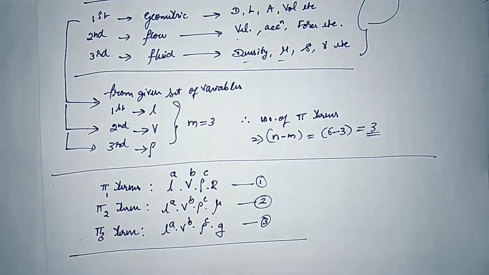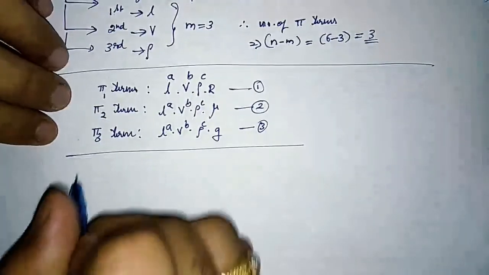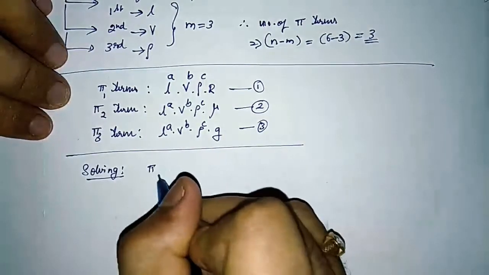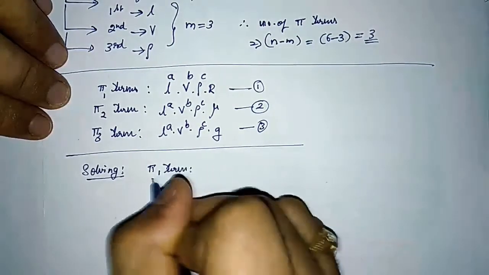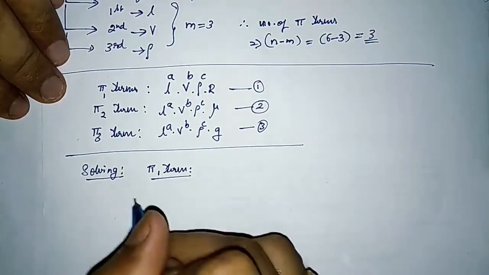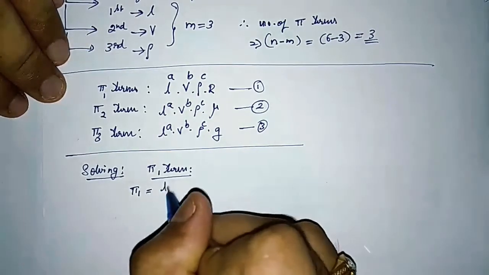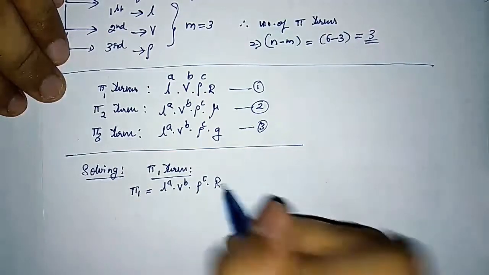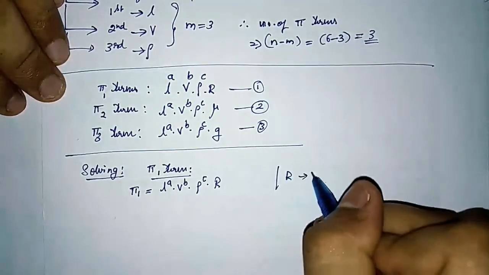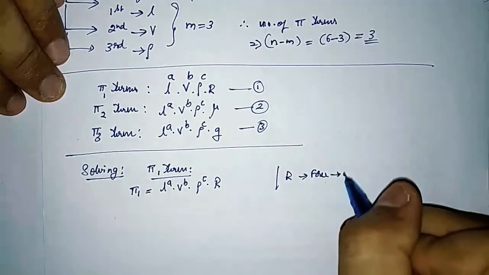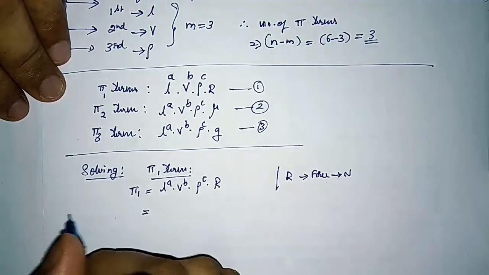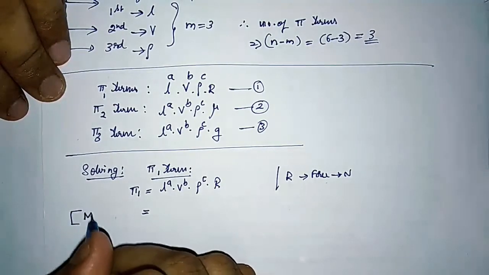The next work is solving all these 3 pi terms individually one by one. So we will start with the pi 1 term. Pi 1 is equal to L raised to a, V raised to b, rho raised to c into R. R is nothing but a resistance force, so the unit is Newton only. Now we'll write the dimensional form like this.